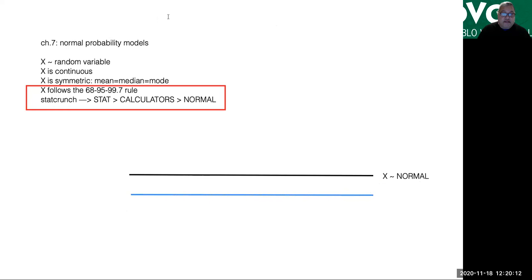We're going to call that a z-score, just like we did in chapter 3. That scale is going to be in blue. And whenever you graph a normal model in terms of its z-scores, that is what we call the standard normal.